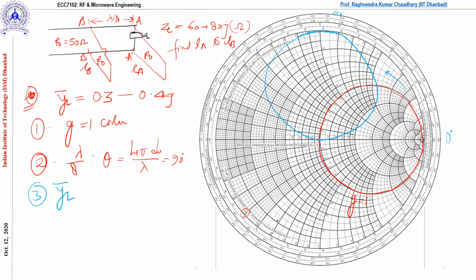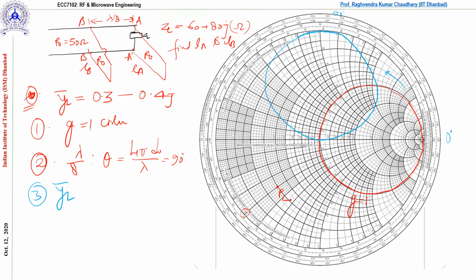And the circle, if you try to find it, is this one. So if you trace it, it is somewhere here. Mark this point as PL, representing YL bar. Now, what do we need to do actually?